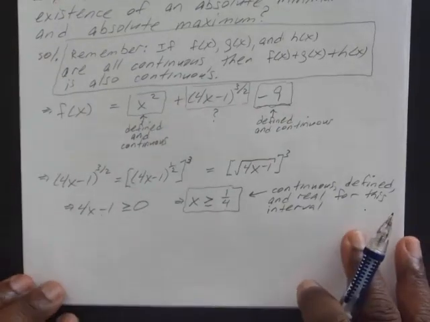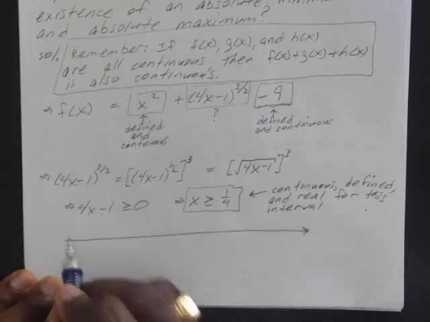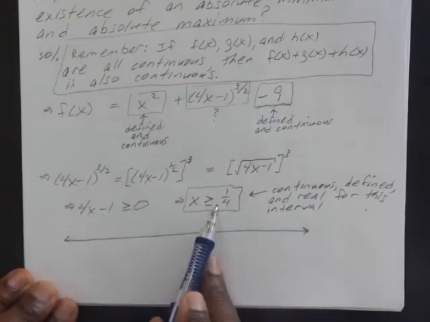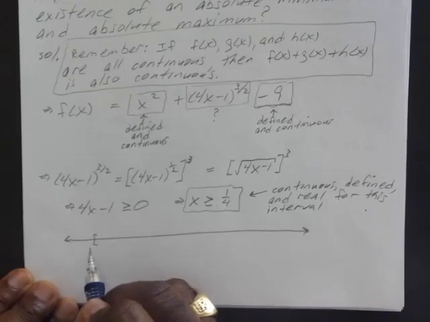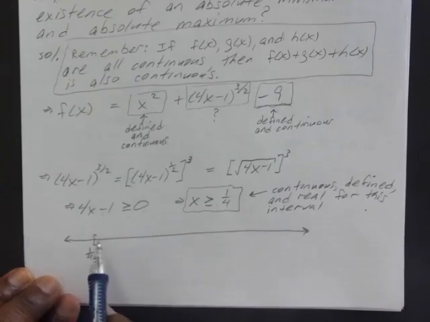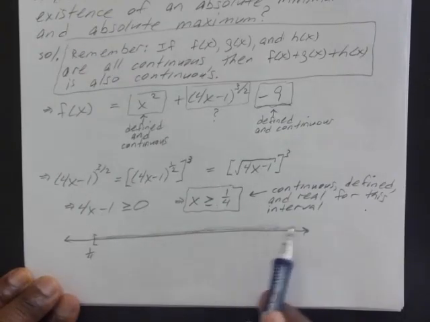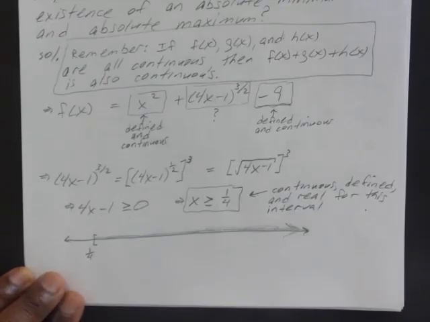Okay, so just to visualize, we have our x is greater than or equal to 1/4. So we know everything greater than that is defined and continuous. Okay.